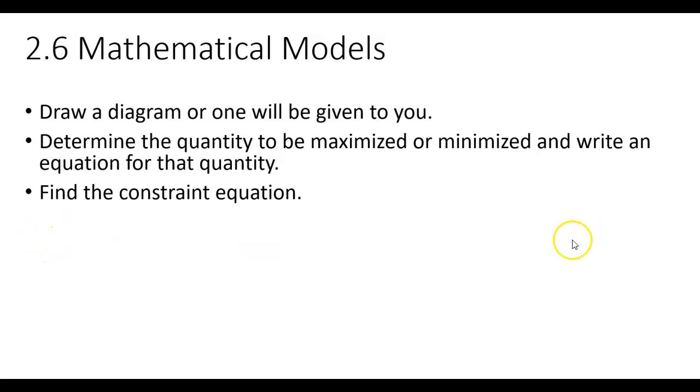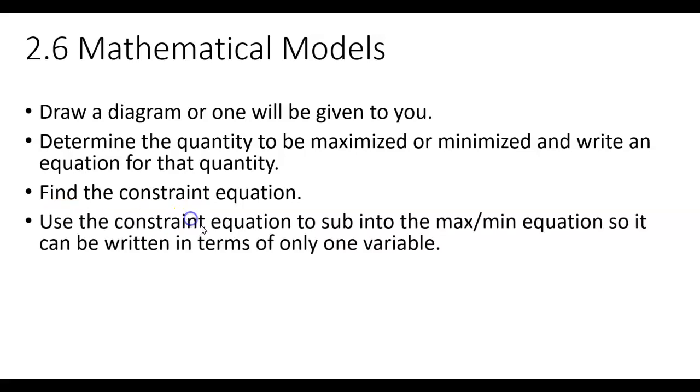Then we want to find what's called the constraint equation. That's the equation that is going to help us get the optimization equation, the min or max equation, into terms of just one variable. Sometimes it'll already be in terms of one variable, but sometimes we need something else in order to help us convert it.